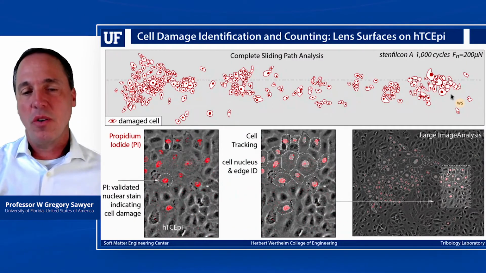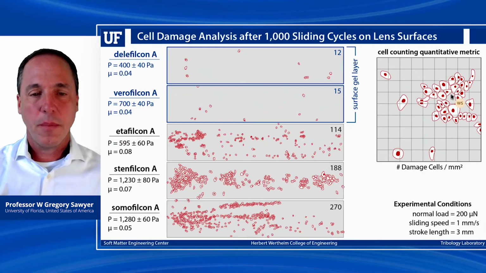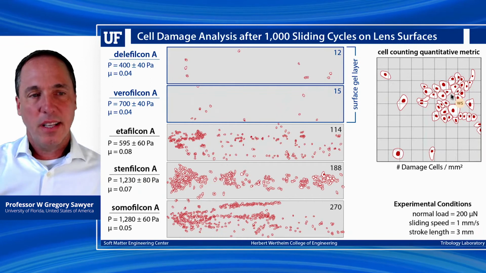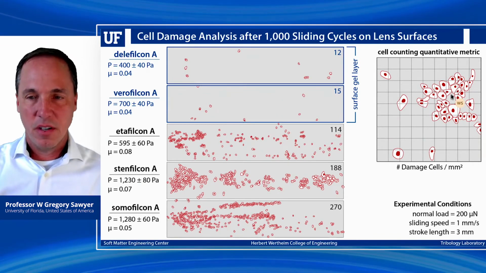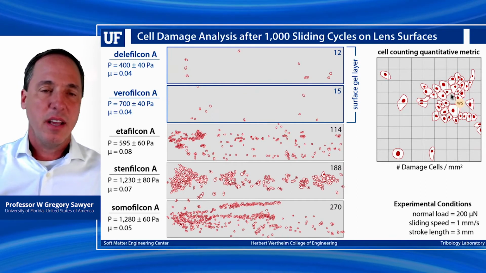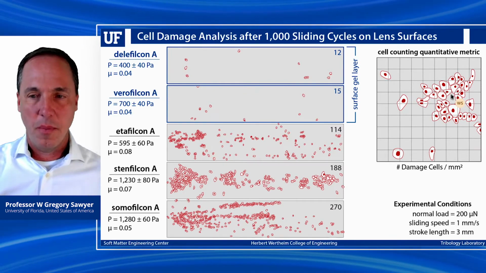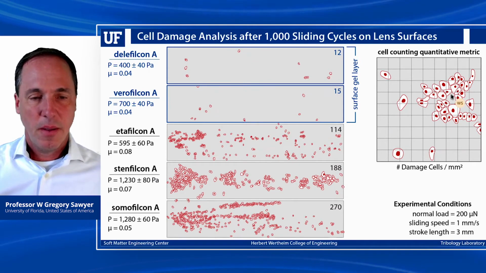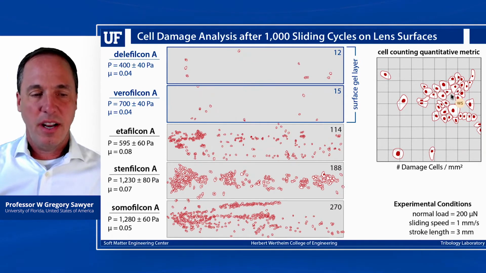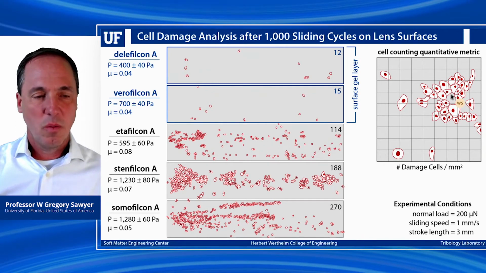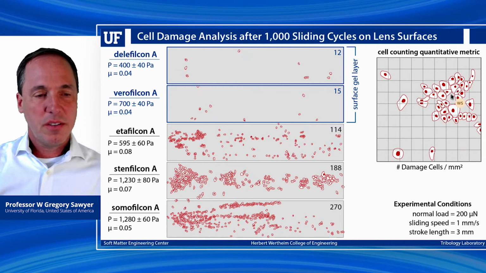So now I'm going to show you the results of all of this work in the following slide. What we see at the top is Delaphilcon and Verofilcon, and we can detect 12 and 15 cells that are currently going through apoptosis. And these are the lenses that have the surface gel layers. Now, if we look down at the other lenses, we see a couple of trends. One, increased contact pressures.